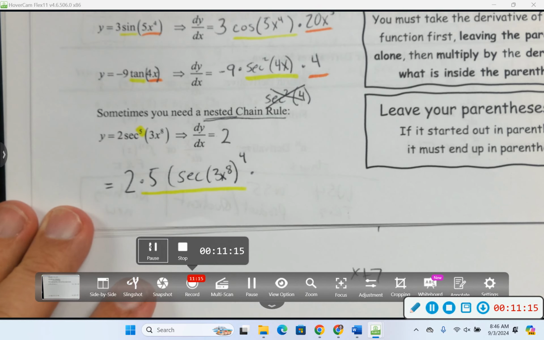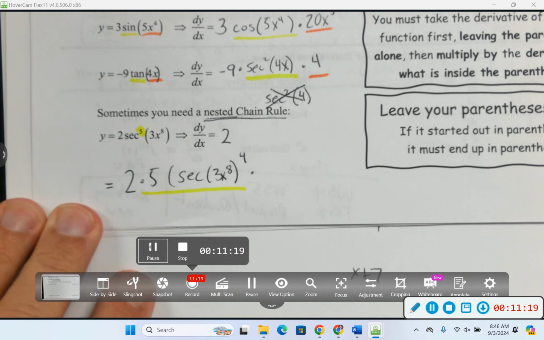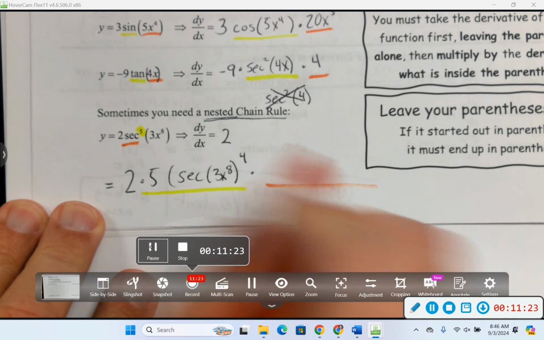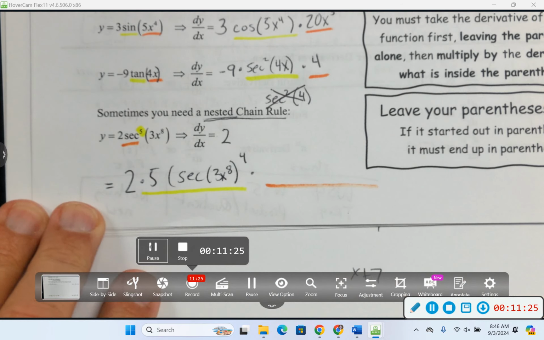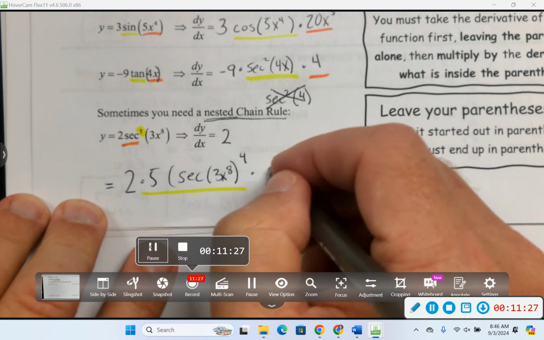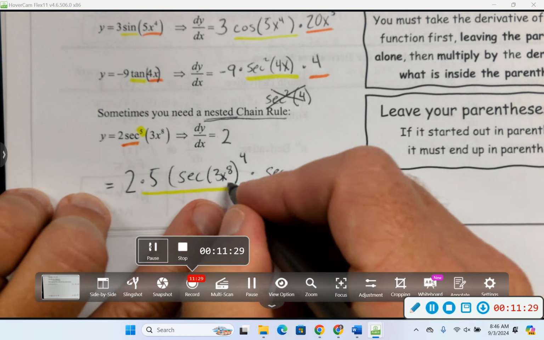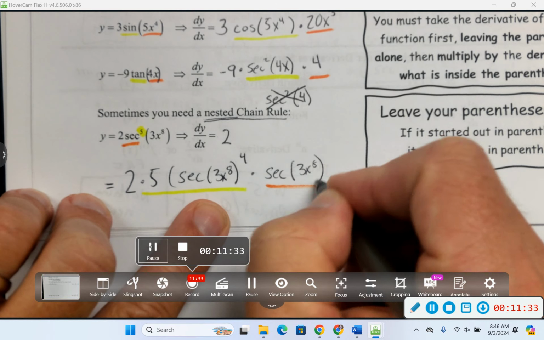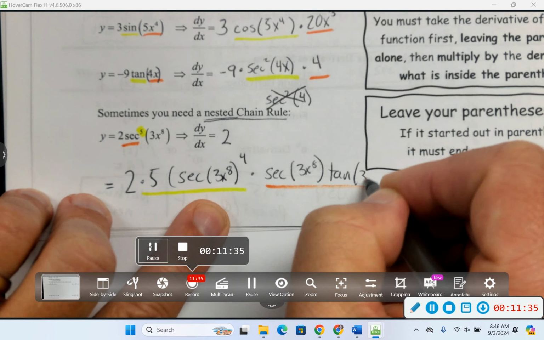What layer do you want to pick off next? What's the next layer in? The secant. And the derivative of secant is secant tangent. Be careful though, we still want to leave the inside alone. So secant of 3x to the 8th, tangent of 3x to the 8th.